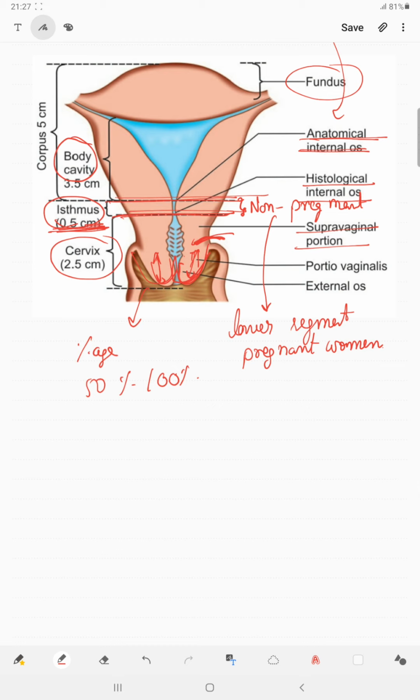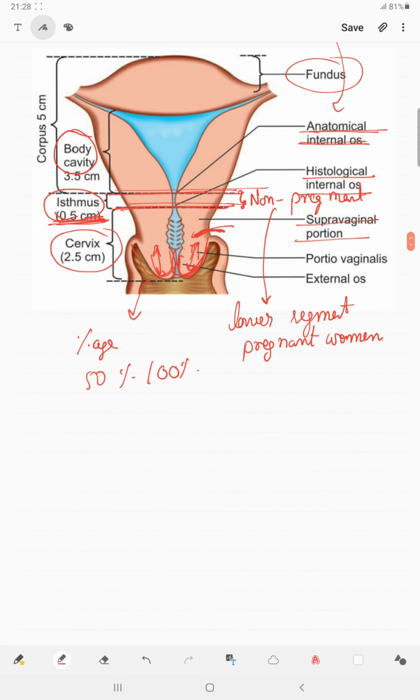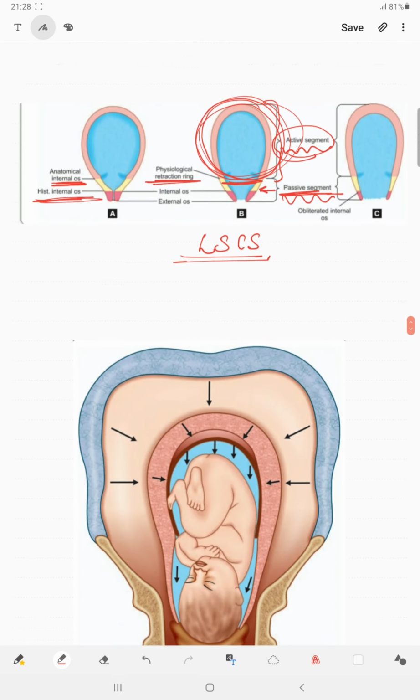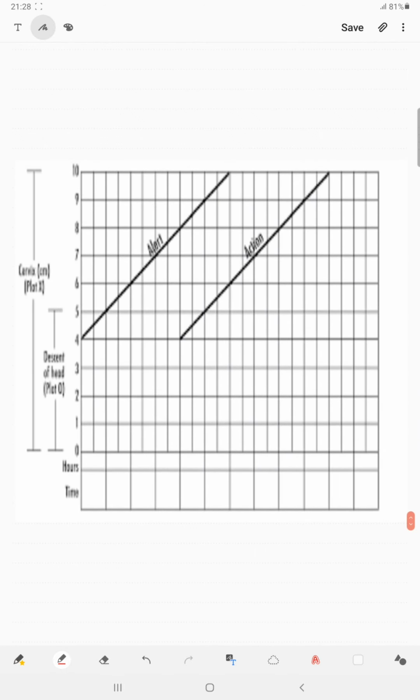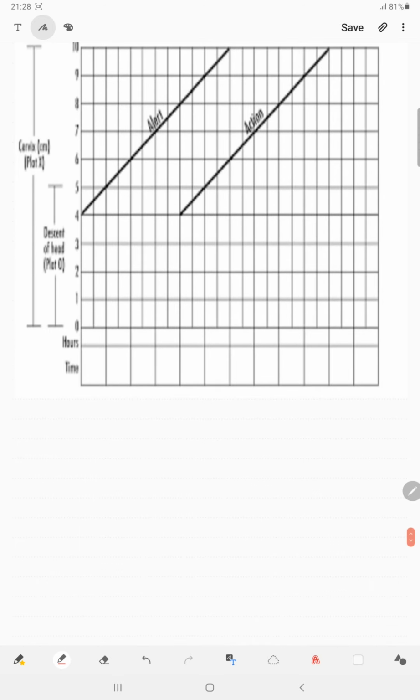And then remember that after you've checked for dilatation, you would mark it on a thing known as a partograph. This is a partograph. Remember, this is not the entire partograph. I am showing you only one portion of the partograph where you would mark the dilatation of the cervix. Also keep this in mind. In the first stage of labor, I have 2 phases: the latent phase and the active phase.